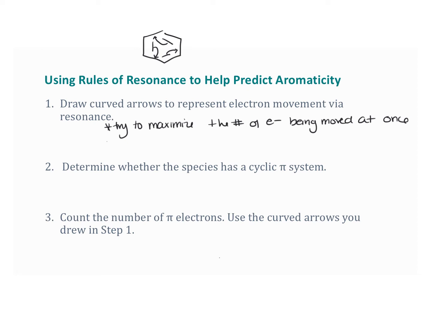And then try to move the electrons around a complete ring. Next, you have to determine whether the species has a cyclic pi system.